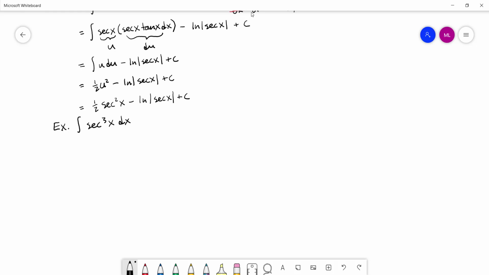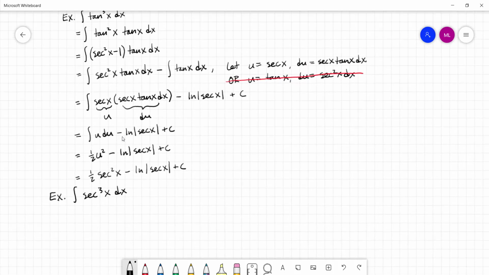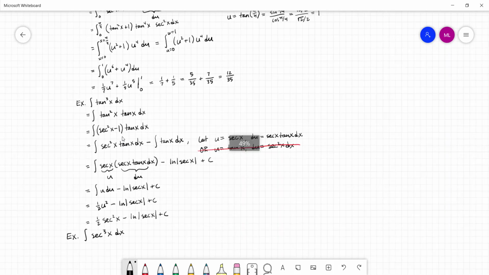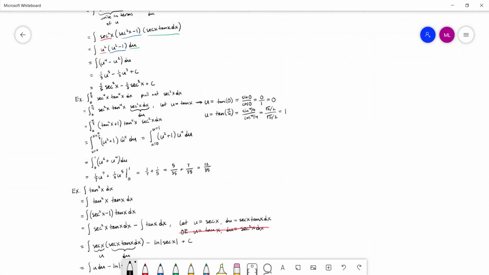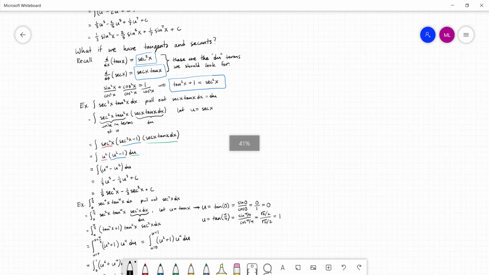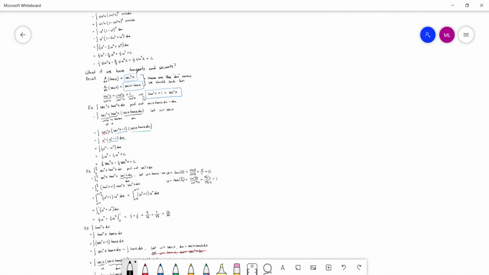You can try to do kind of what we did earlier, where you would rewrite this as secant squared times secant, and then replace the secant squared with something involving tangent squared. But it would not give you the right pieces to do what we've been doing in all of these problems.